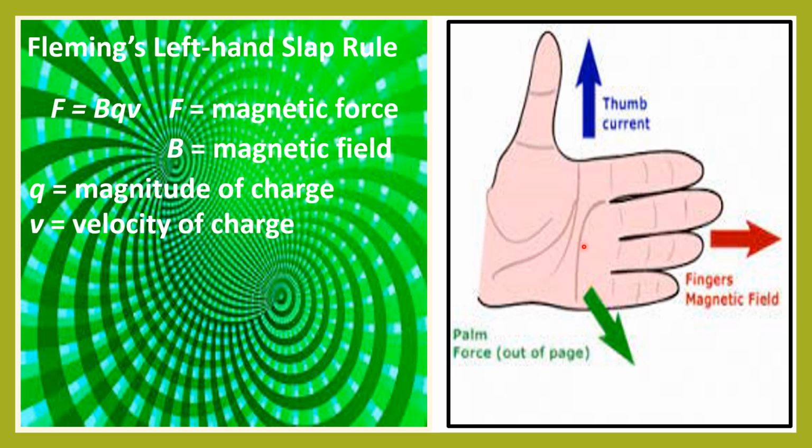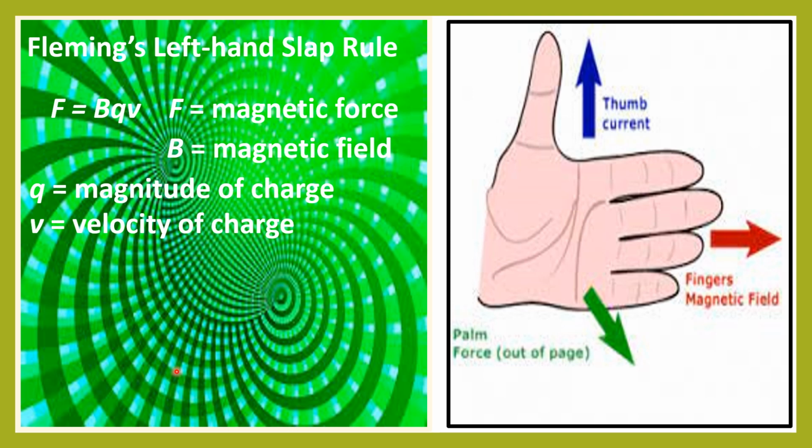So again, use this whenever the moving charge is a negative charge, which is what's given in the question. Supposing the moving charge is a positive charge, then we make use of the Fleming's right hand slap rule. But for now, this is what we are going to use.